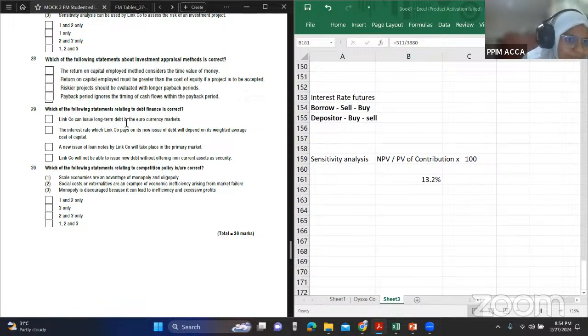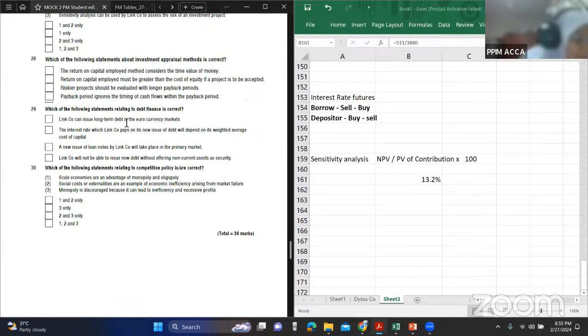So B is wrong. A new issue of loan notes will take place in the primary market. That's true. If it's new, it will happen in the primary market. If it is a traded instrument or a second-hand issue, then it will happen in the secondary market. So if somebody who has already bought it wants to sell it, it will go in the secondary market.